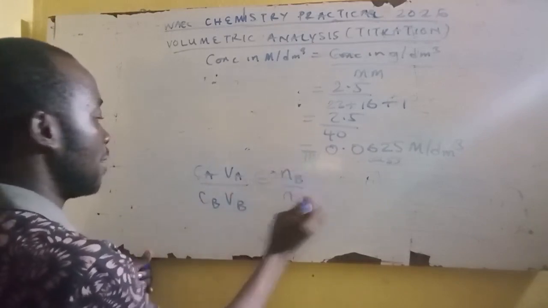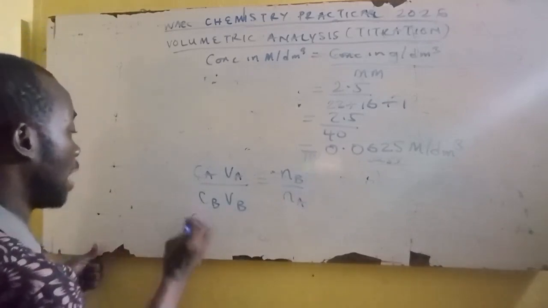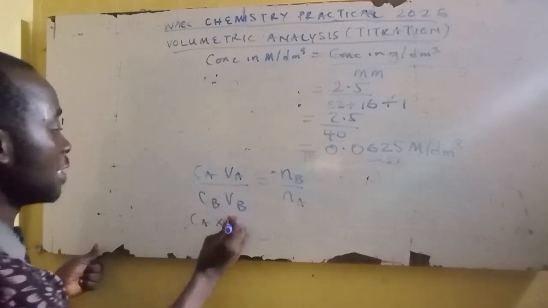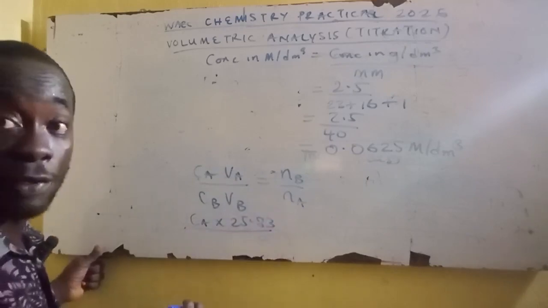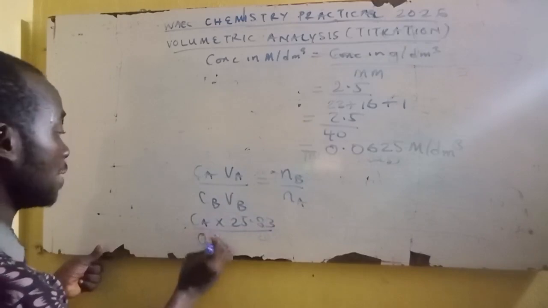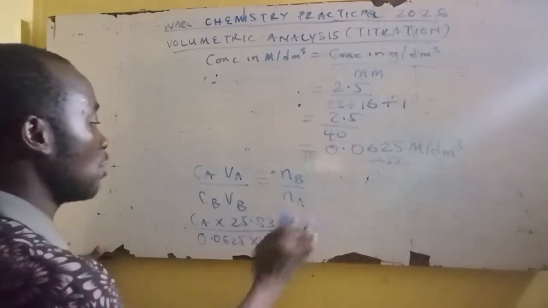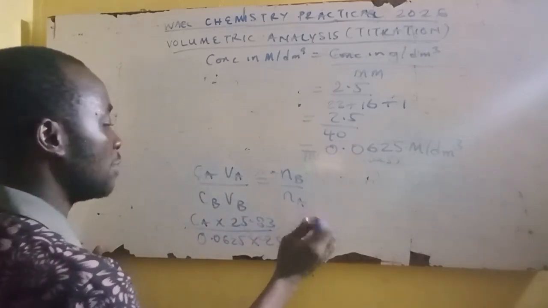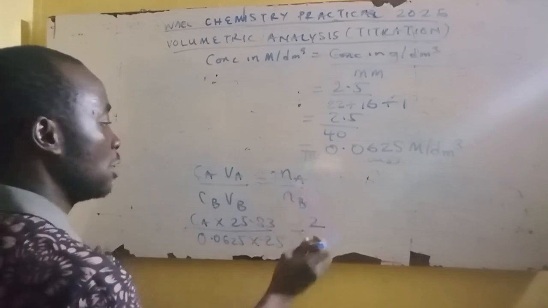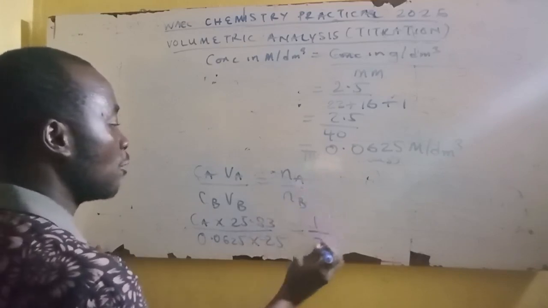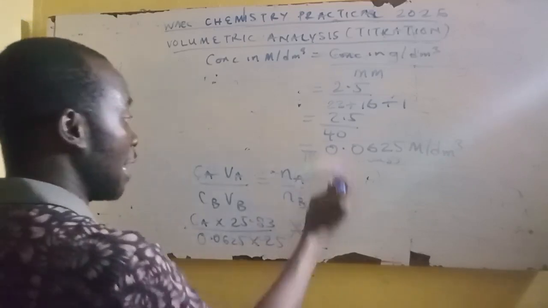Based on what we got the other time, what's our CA? That's what we are looking for. The volume of acid is 25.83, and the concentration of base is 0.0625 times 25. The number of moles of acid is 1, and the number of moles of base is 2. Then we can easily tidy up and get our calculations from there.